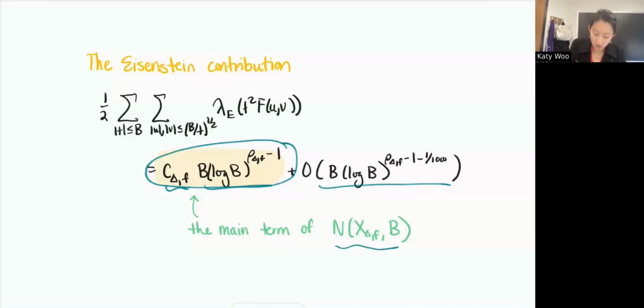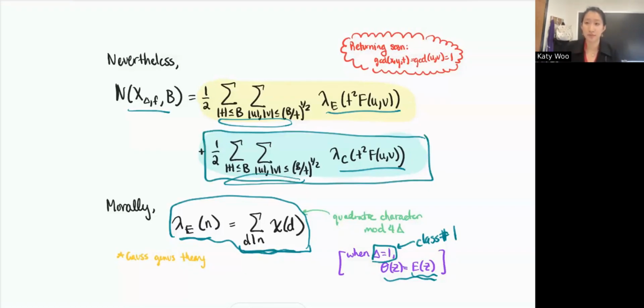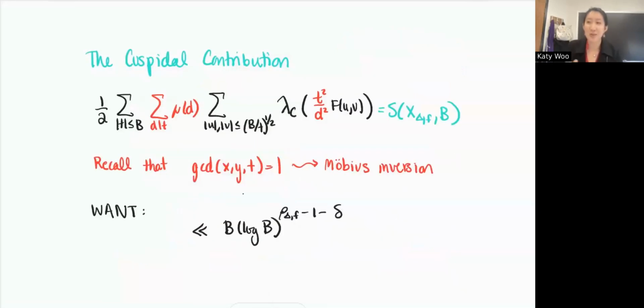And so the new ingredient in this any positive delta case is being able to bound the cuspidal contribution. And so now the GCD conditions are coming back, because that wasn't exactly what the cuspidal contribution was. So recall that we wanted the GCD of x, y, and t to be 1.